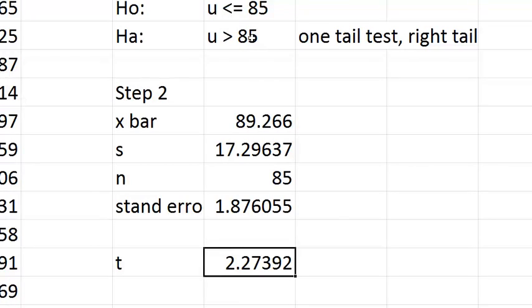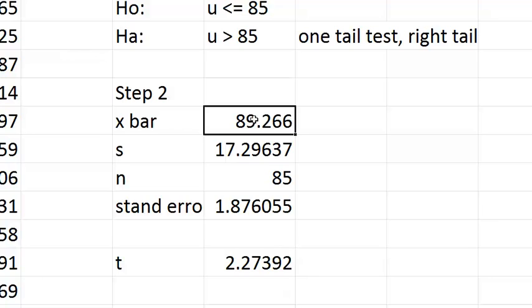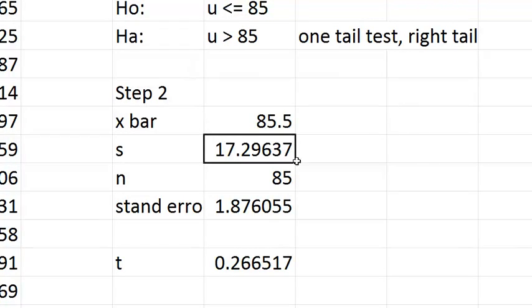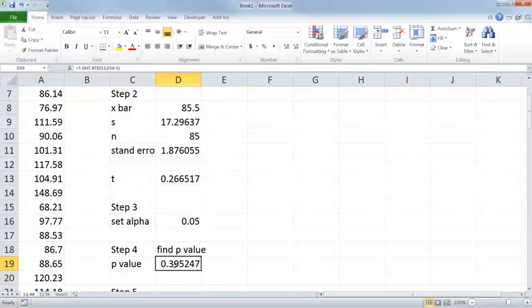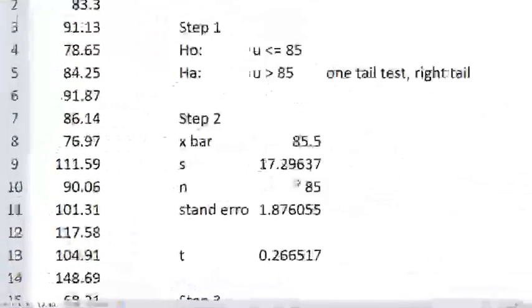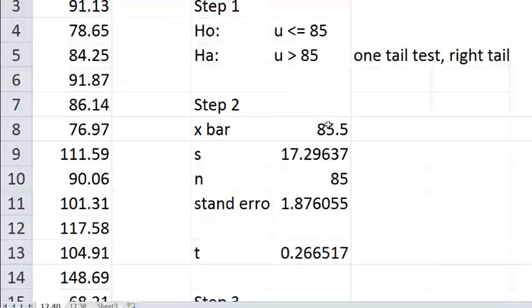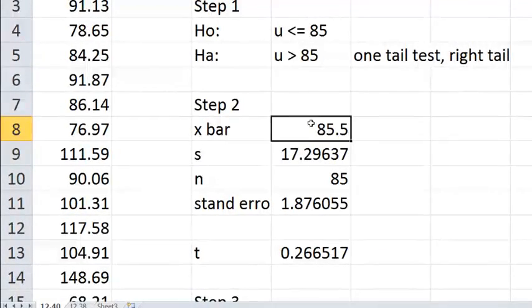So if it was closer to 85, like maybe 85.5 or something, right? So if this x bar, we could actually change it. What if this x bar was 85.5? So now our t is only 0.26, right? Really small t, and then look what happens. Oh, now we have a really big p-value, 0.39. So if we had a really big p-value, then we say, well, there's not enough evidence to say that the null hypothesis is wrong, right?